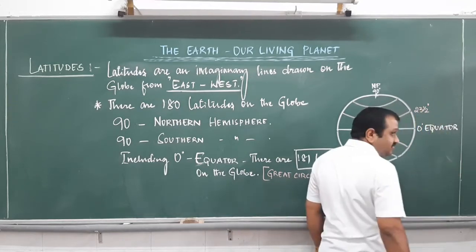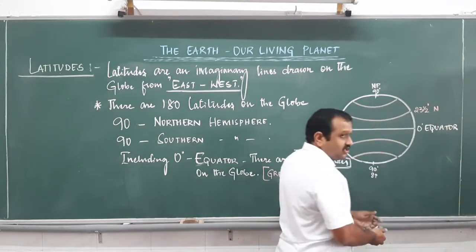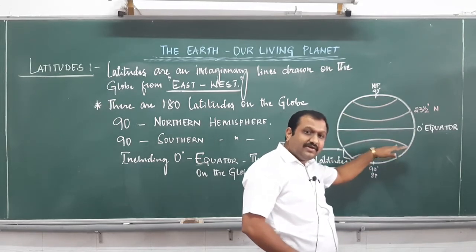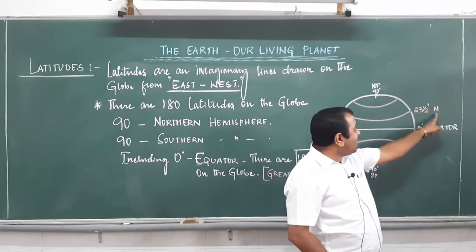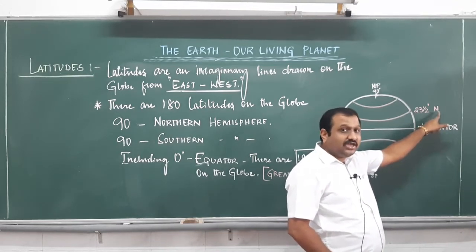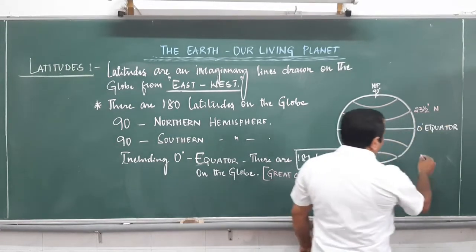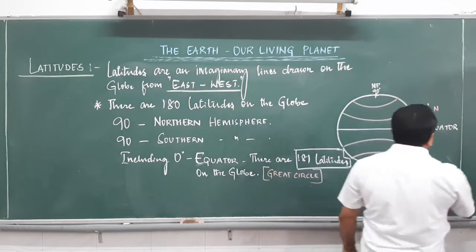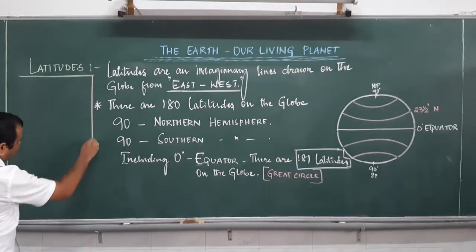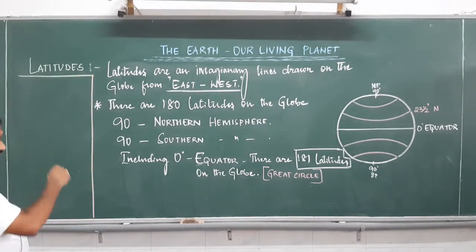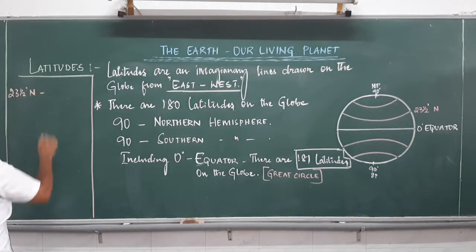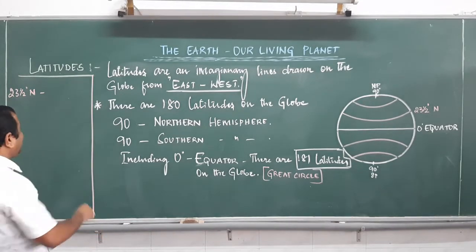Above 0 degree equator it is the northern hemisphere, below 0 degree equator we call it the southern hemisphere. So I indicate this number 23.5 degree with the letter N. N indicates north. 23.5 degree north, and this we call the Tropic of Cancer.